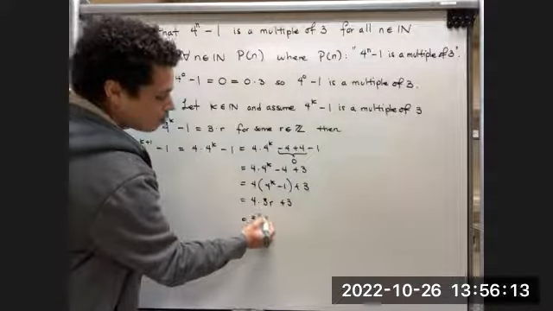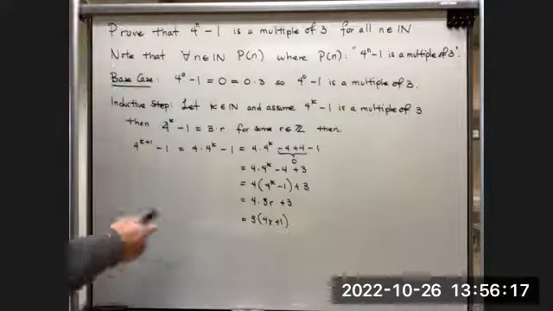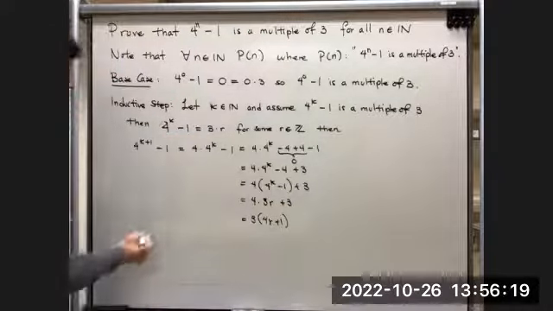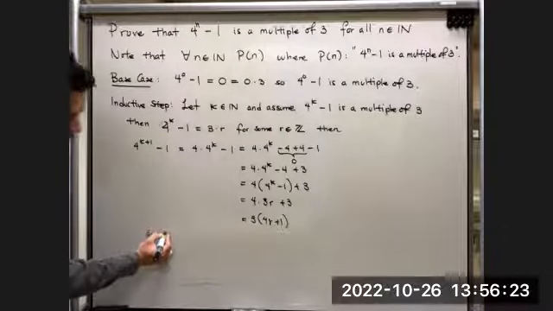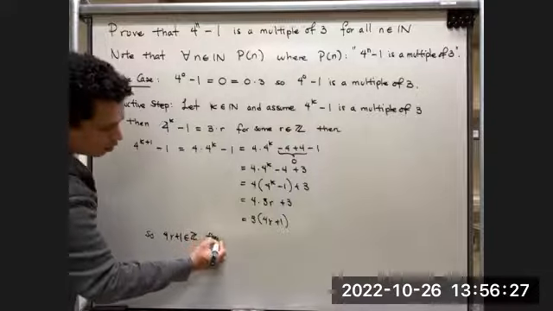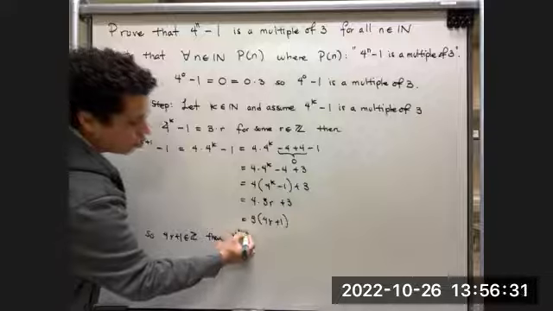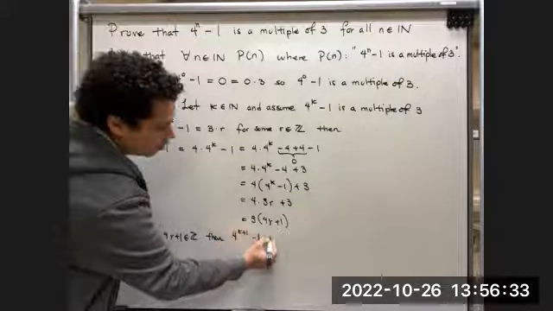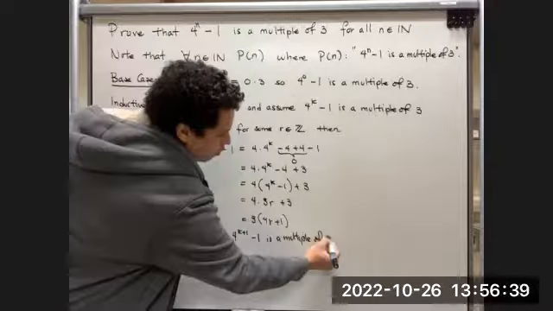So I have 3 times 4R plus 1. Well, I know that R is an integer. So I have that 4R plus 1 is also an integer. Then the expression that I have here, 4 to the K plus 1 minus 1, is a multiple of 3. And that completes our proof by induction.